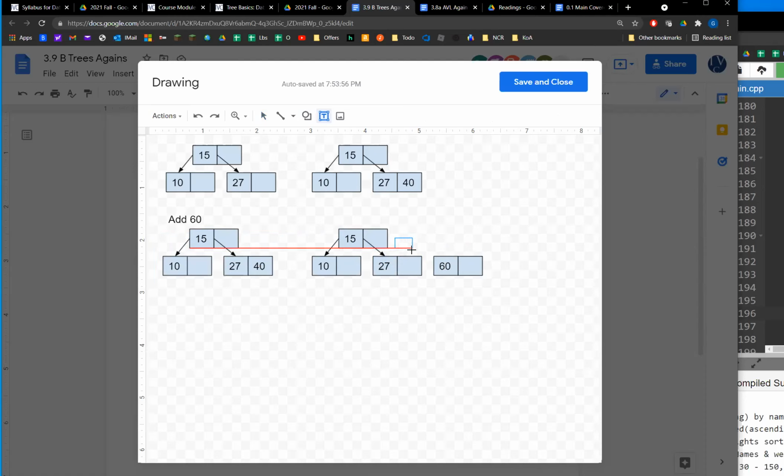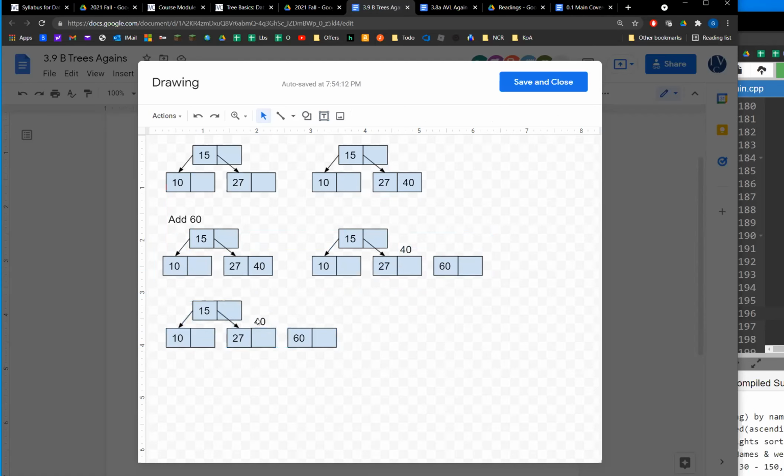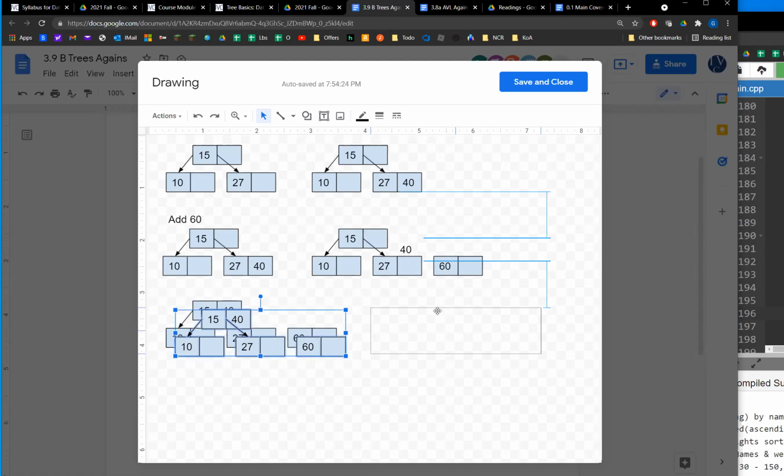All right, so 40 wants to go up. 40 goes back up the branch that we followed to get here. And since there is room for it, you can go ahead and drop that value into the root.